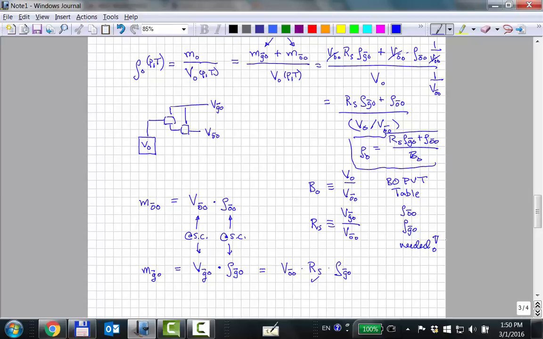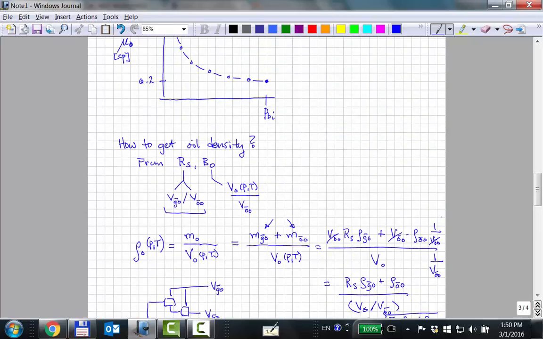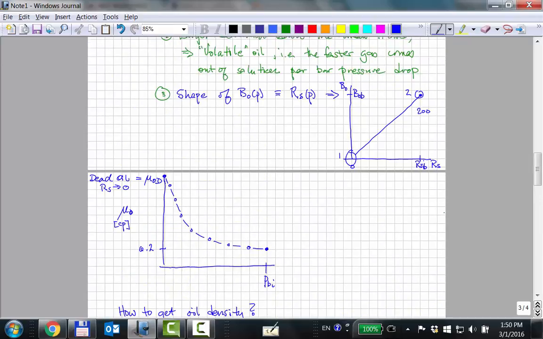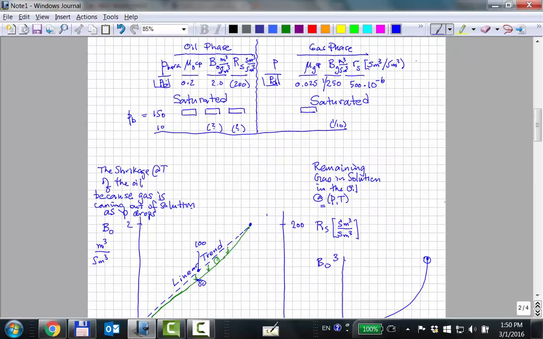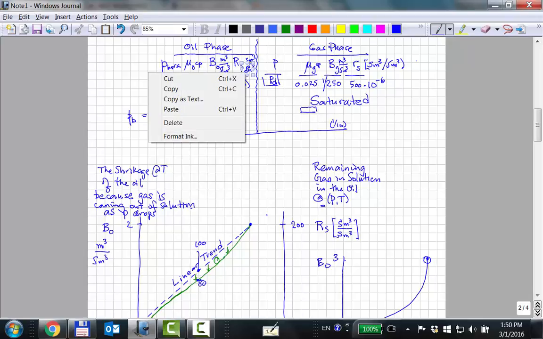But they're constant. That's a constant, and that's a constant. So implicitly, if we know the BO and the RS, we can calculate the oil density.